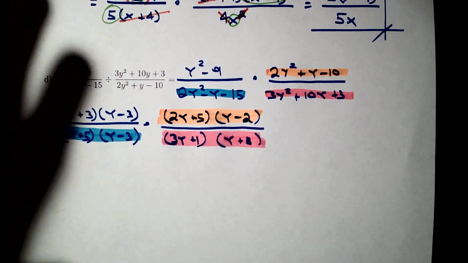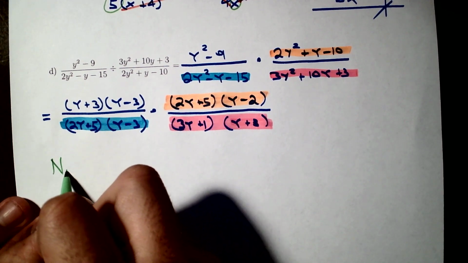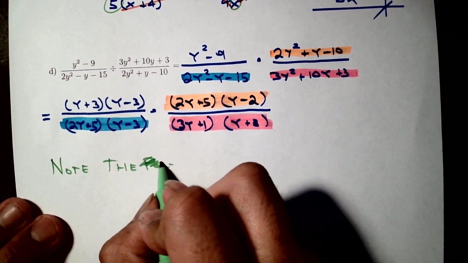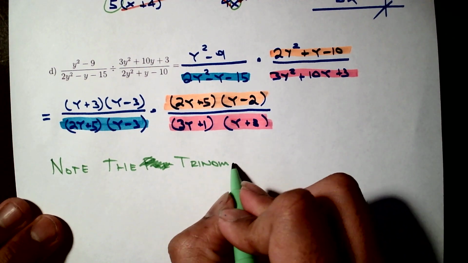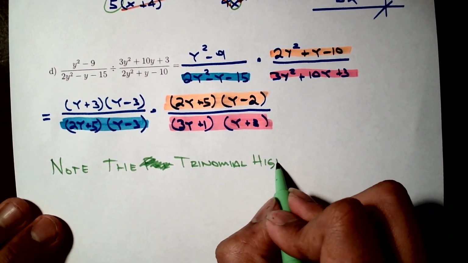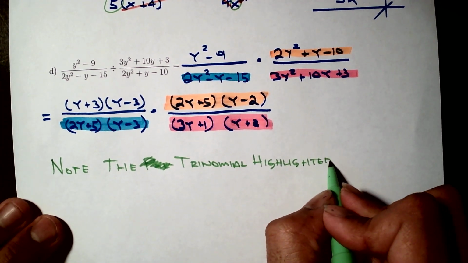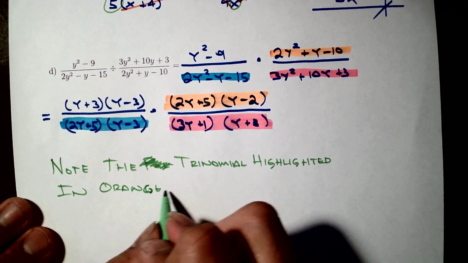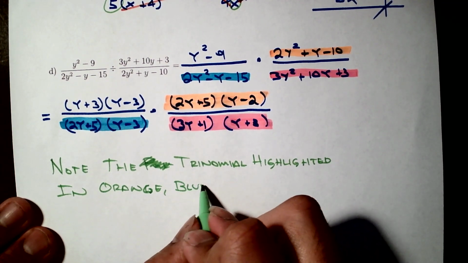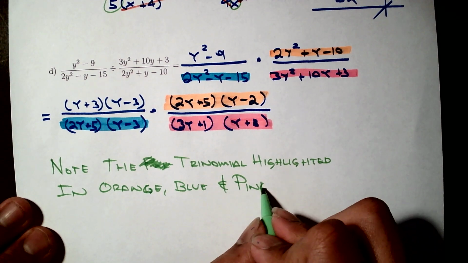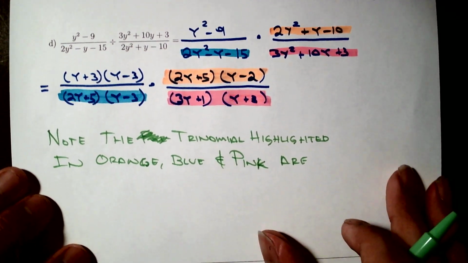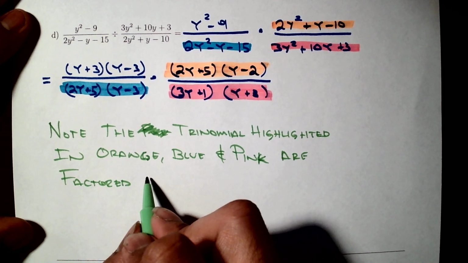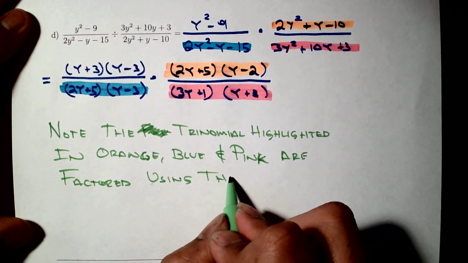So let me just write a note below. The polynomials, or actually the trinomials, highlighted in orange, blue, and pink are factored using the diamond method.